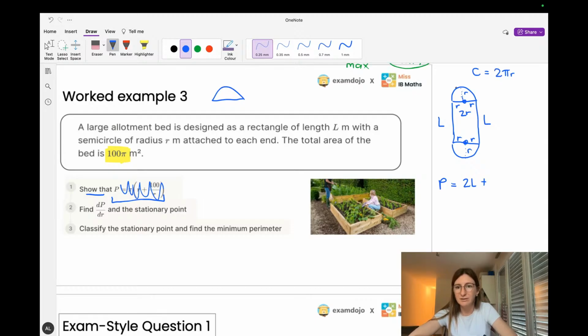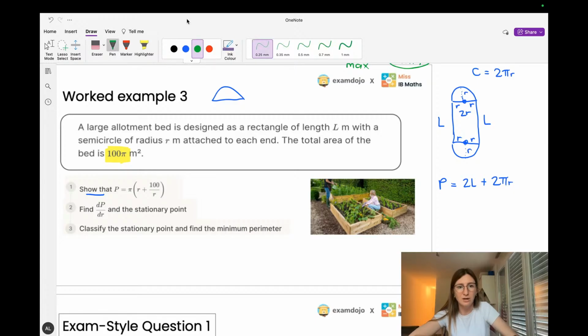So I have a full circle here actually, so I can just immediately write 2 pi r. So that is all of my perimeter. I've got everything there. But here it's in terms of L, and here I can just do a quick check. This doesn't have any L in it. This has just R. So I'm going to have to use this little clue that they gave me to get in terms of L. Oh, sorry, in terms of R.